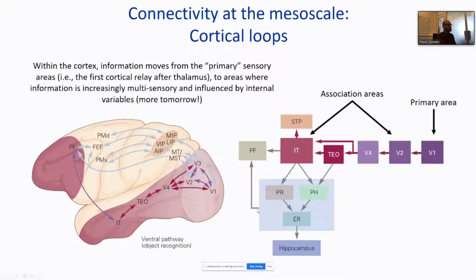So the information flows to the so-called association areas in a progression that we'll see tomorrow has a specific function and meaning. Again, this is a simplification. I don't want you to get the idea that information moves only in one direction. You see that information flows in both directions. And this is going to be extremely important tomorrow and Friday, when we're going to talk about something a little bit more complicated.